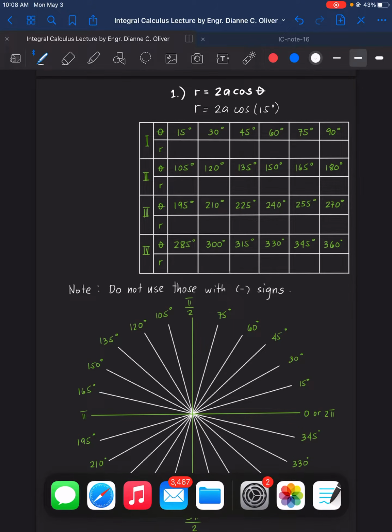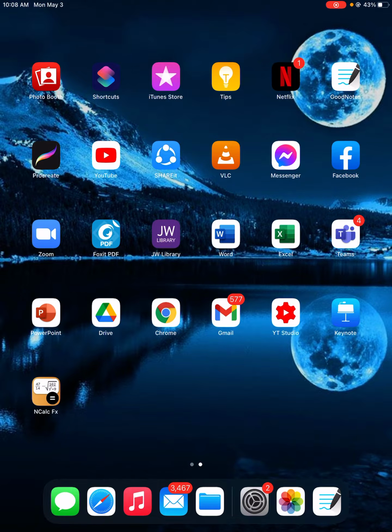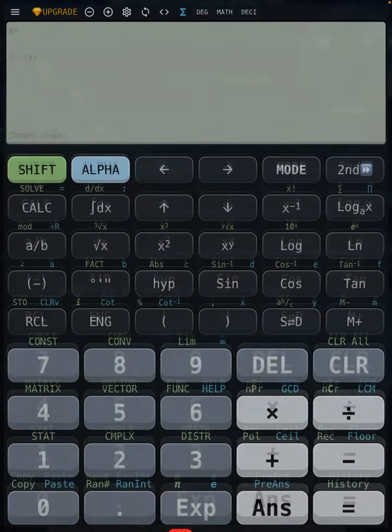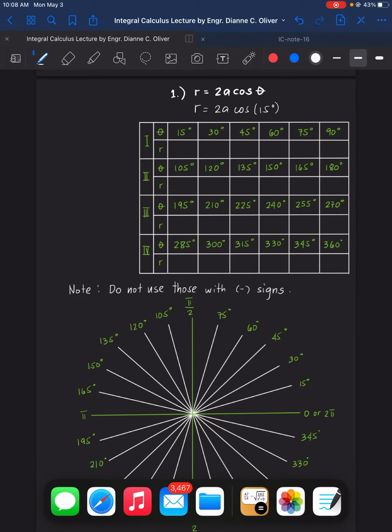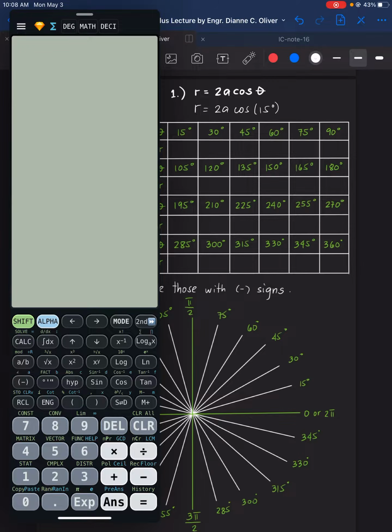So let's have our calculator. So we have there 2 cosine 15 equals 1.93.